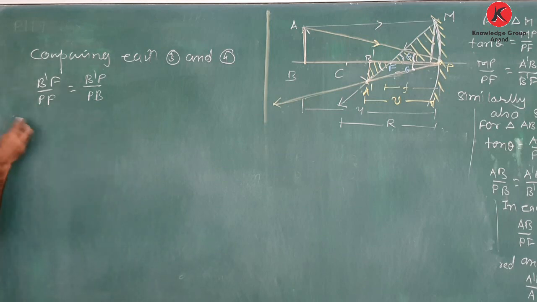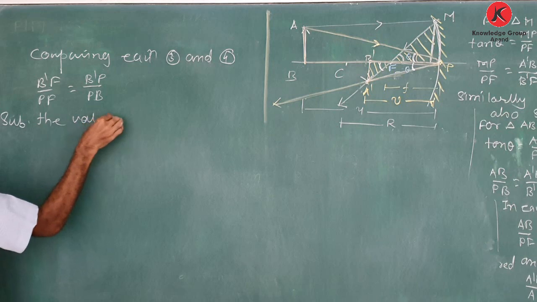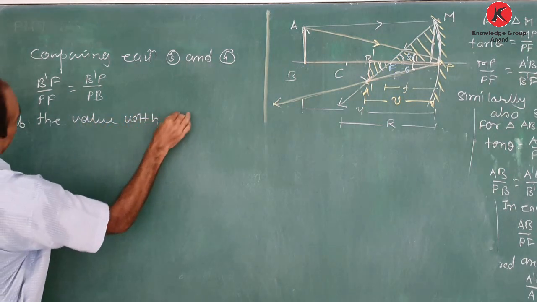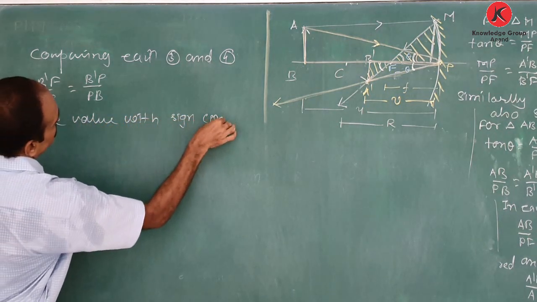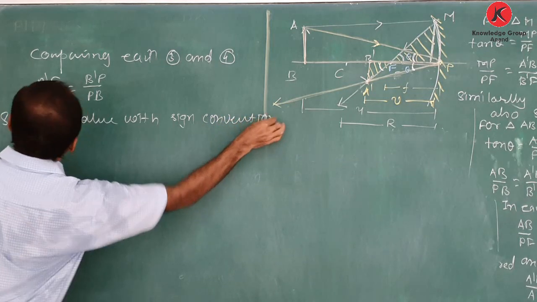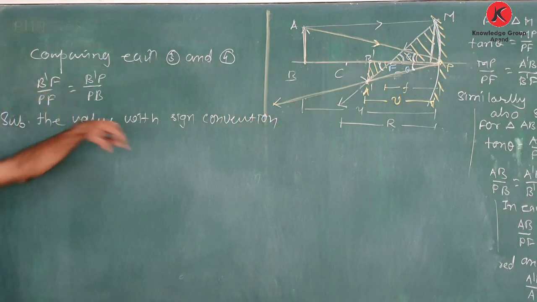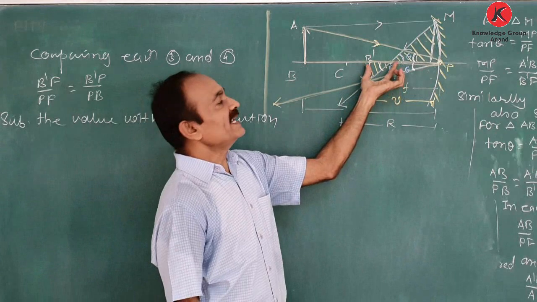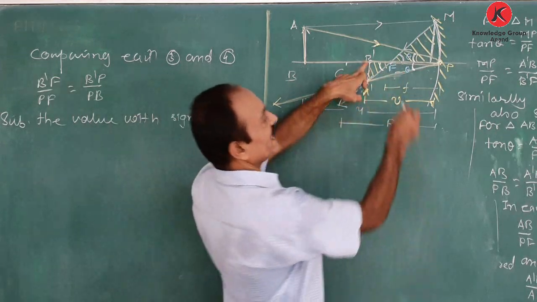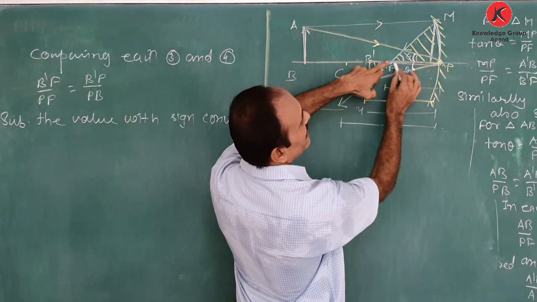Okay. Now substitute the values with sign convention. In our figure, B'F is obtained by B'P minus FP.